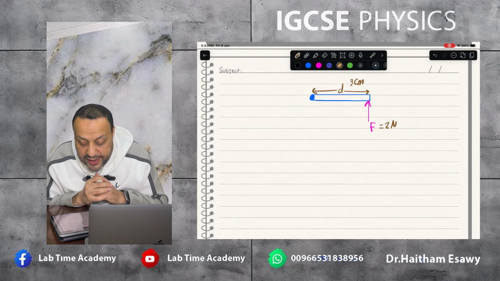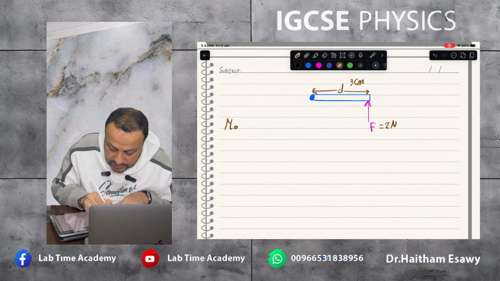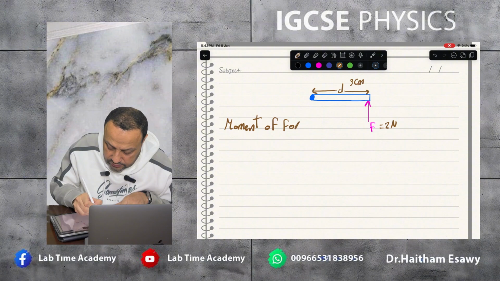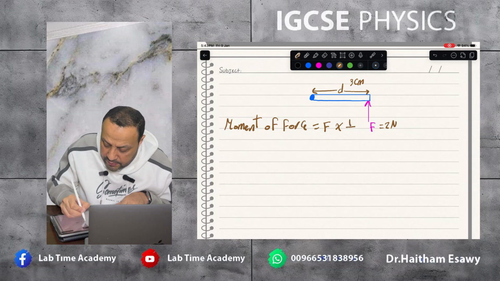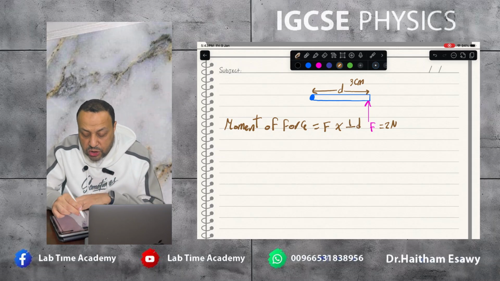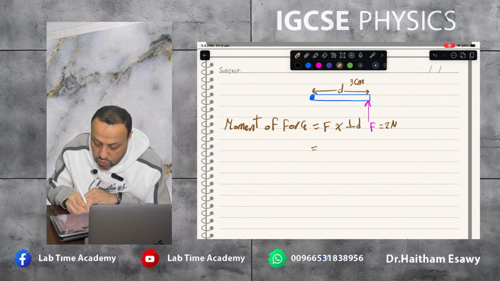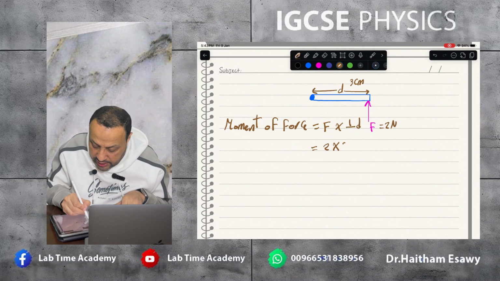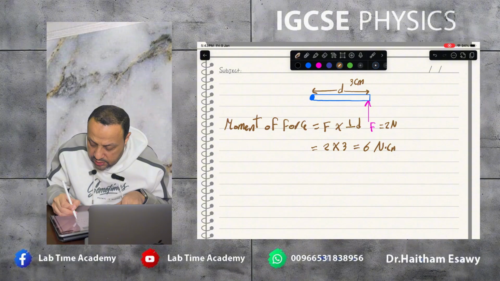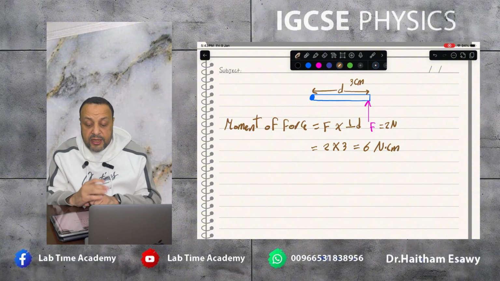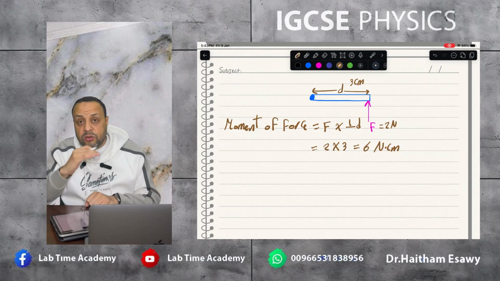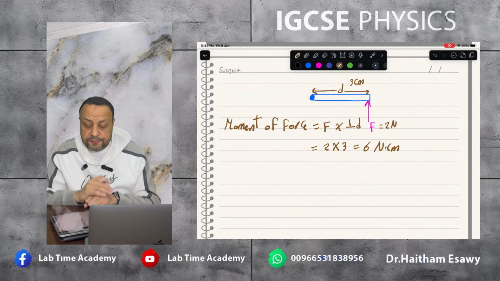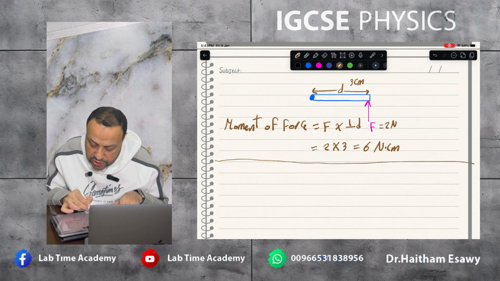So it equals 2 Newton times 3 centimeter, which equals 6 Newton centimeter. If the distance is in meter, the moment of force will be in Newton meter, according to the unit of the distance. So this is the first thing in our session today.